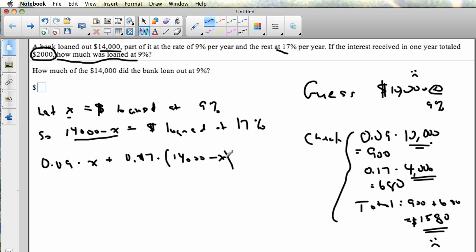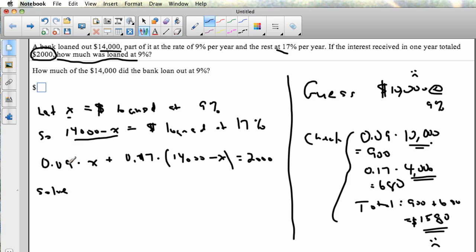And I don't want it to add up to 1,580. I want it to add up to 2,000. That's what it says in the problem. Over here I'm doing all these calculations with numbers; over here I'm doing exactly the same logic, but using letters. So my equation is 0.09 times x plus 0.17 times (14,000 minus x) equals 2,000, and I have to solve that for x.